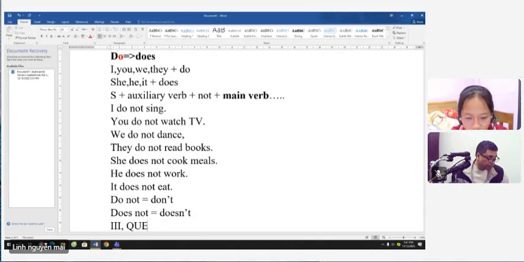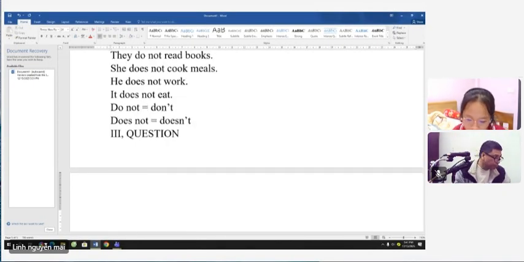Next, we will learn about the question. Okay, so the question is similar to the be verb that we learned yesterday, but this is a little bit different.